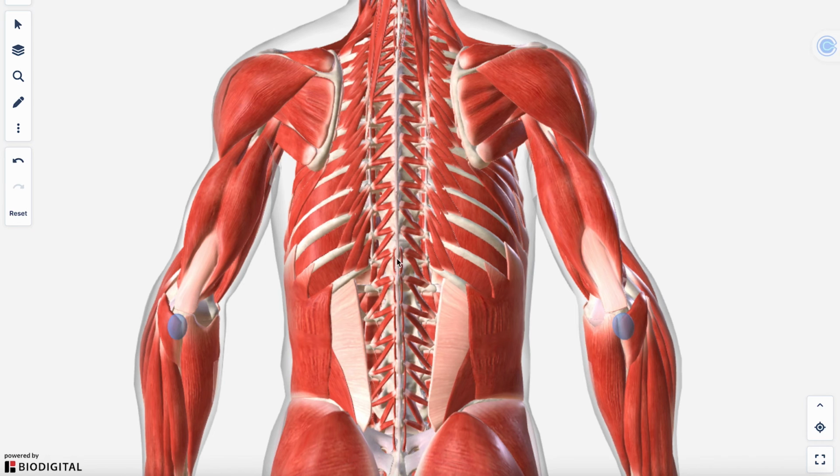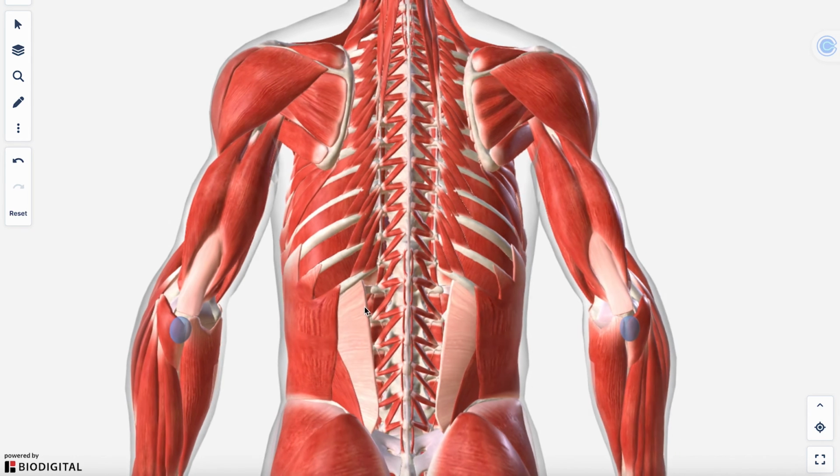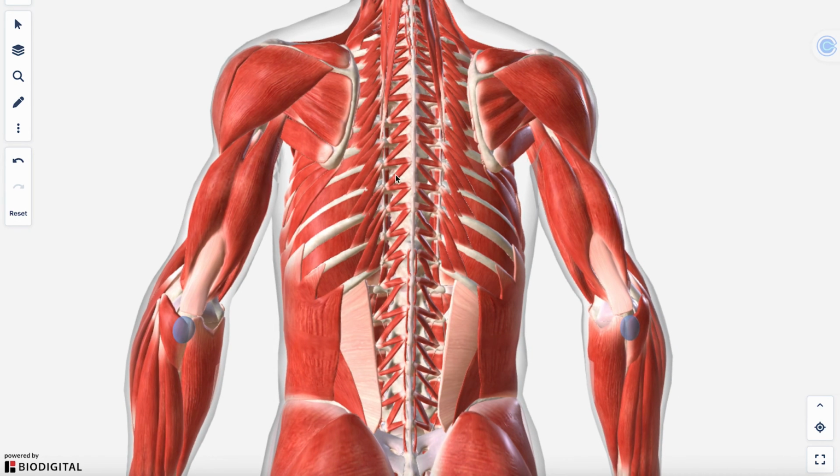So anyway, that's your multifidus. Let's hide that. And then underneath here, it doesn't really look like this. It's really hard to tease out in a human body, but you can see that your rotatores span across one vertebral body. And you actually have your rotatores longus and brevis. Longus attaches across 2 segments, and brevis attaches across 1 segment.